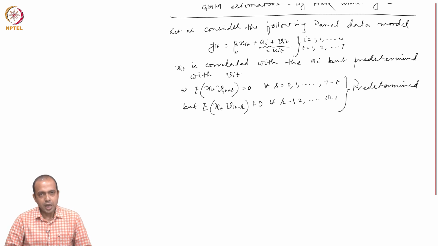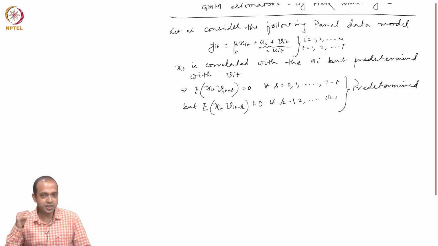And in case both are not equal to 0, that is a situation of endogeneity, wherein the explanatory variable is correlated with the present as well as the past error. If neither of them is non-zero, that means expectation of x_it v_i,t plus 1 is 0 and expectation of x_it v_i,t minus r is also 0, that is a situation called strict exogeneity.